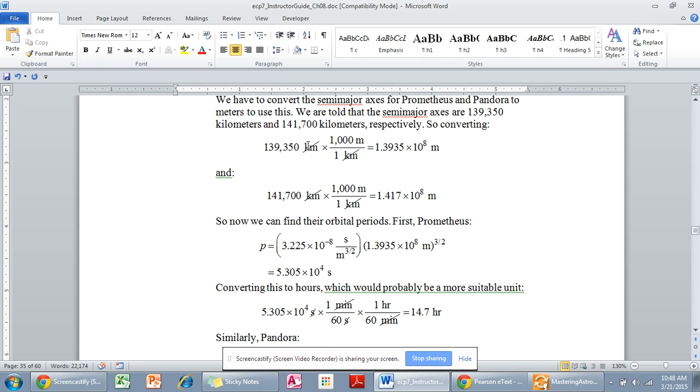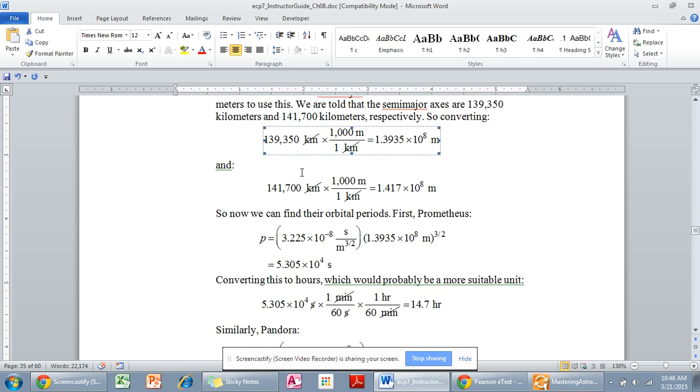Remember, there's 1,000 meters in every kilometer, so we convert that out and we get 1.39 times 10 to the 8th meters. The top one here is for Prometheus. And when we do the same for Pandora, we convert that out and we get 1.417 times 10 to the 8th meters.